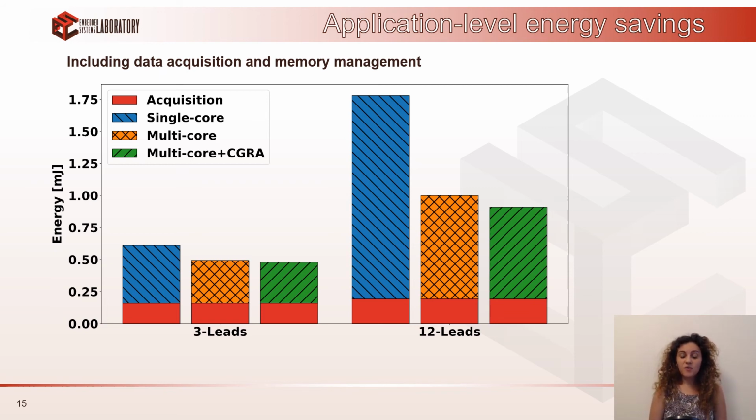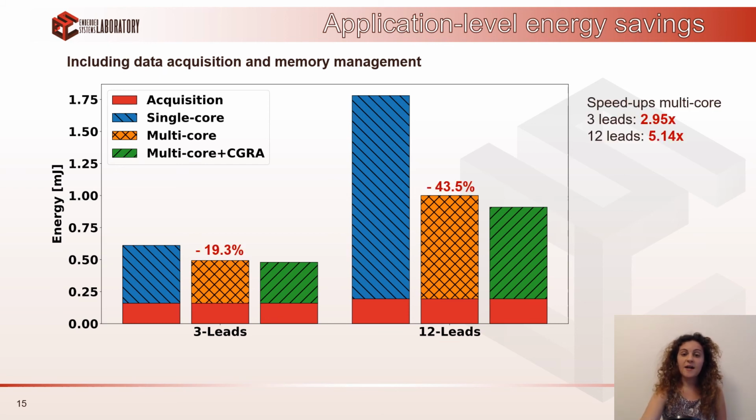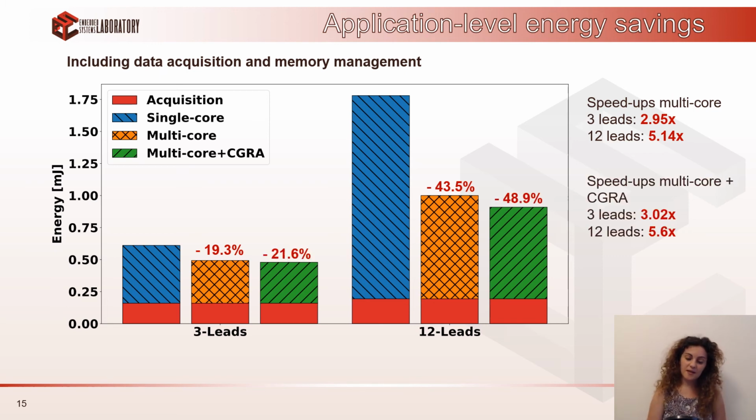The figure shows that the multi-core design highly reduces energy consumption in both applications, but the impact is much higher in the most complex one, or with the higher duty cycle. This translates also to the hardware acceleration impact.